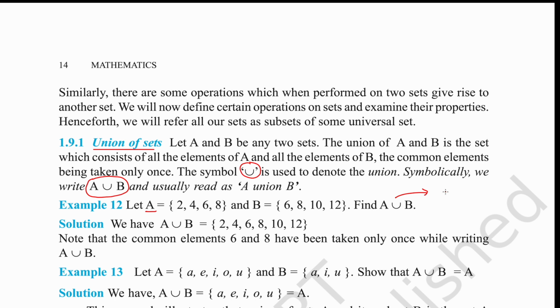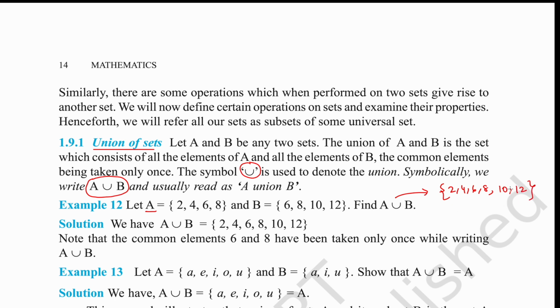So if we try to find the union of A and B, we will include all the elements which are inside A. So you have 2, 4, 6, and 8. This will be inside the union. But in set B, other than 6 and 8, we also had 10 and 12.